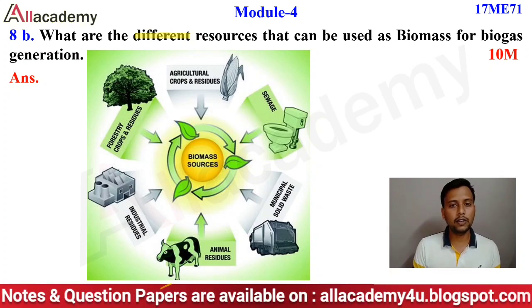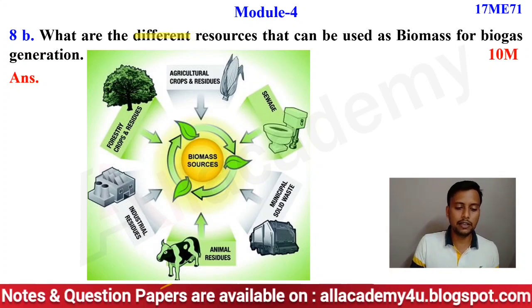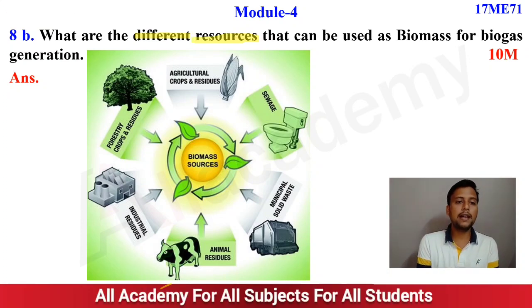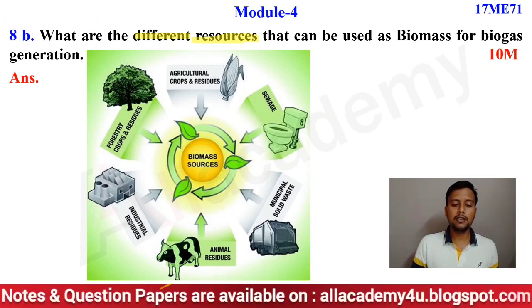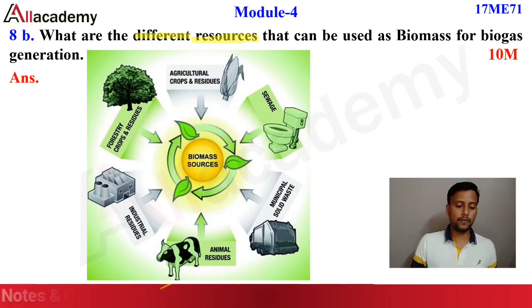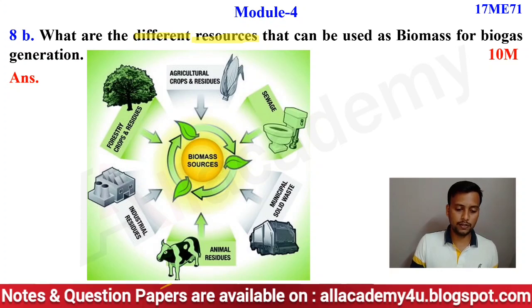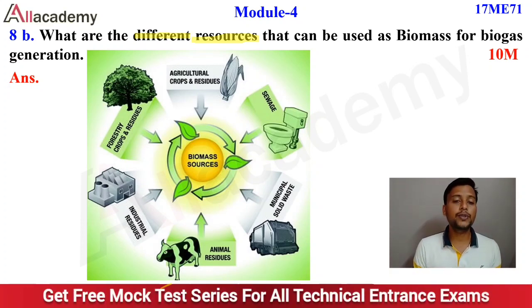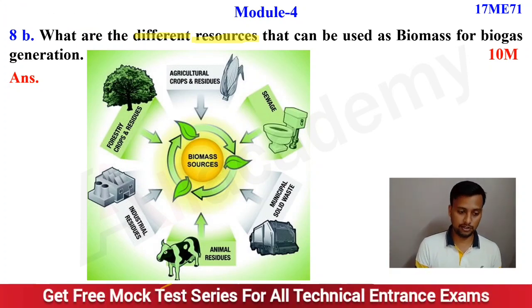Actually it is clearly given resources, means which are the resources you use as a biomass generator. For that one, here I have given a picture that tells the different resources like animal waste, municipal solid waste, sewage, then agricultural crop waste, forest crops and residues, industrial residues. All these things are used as resources for biomass generation.